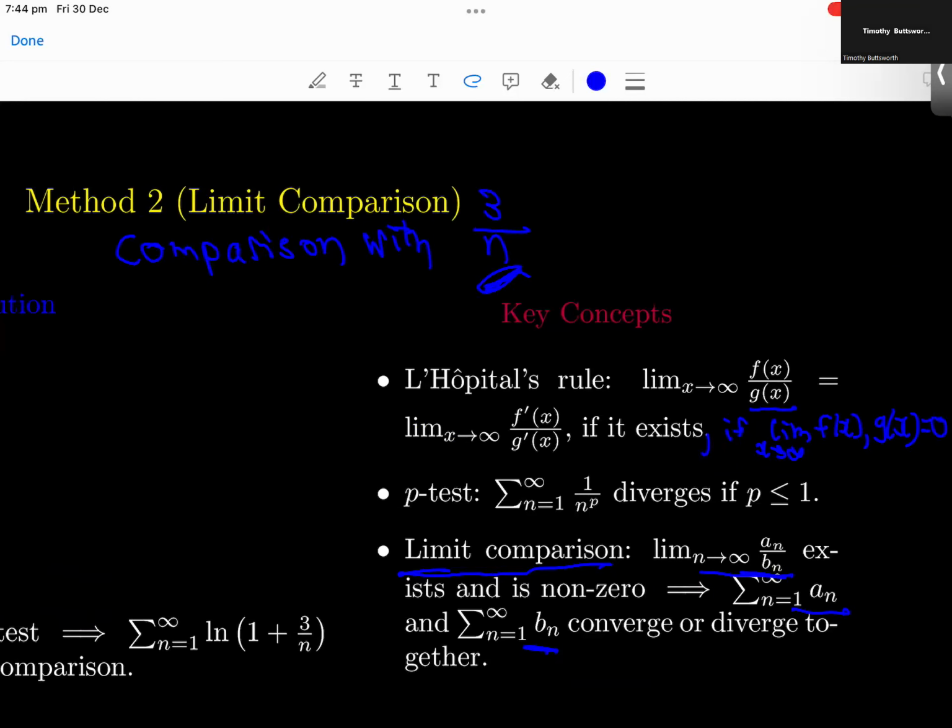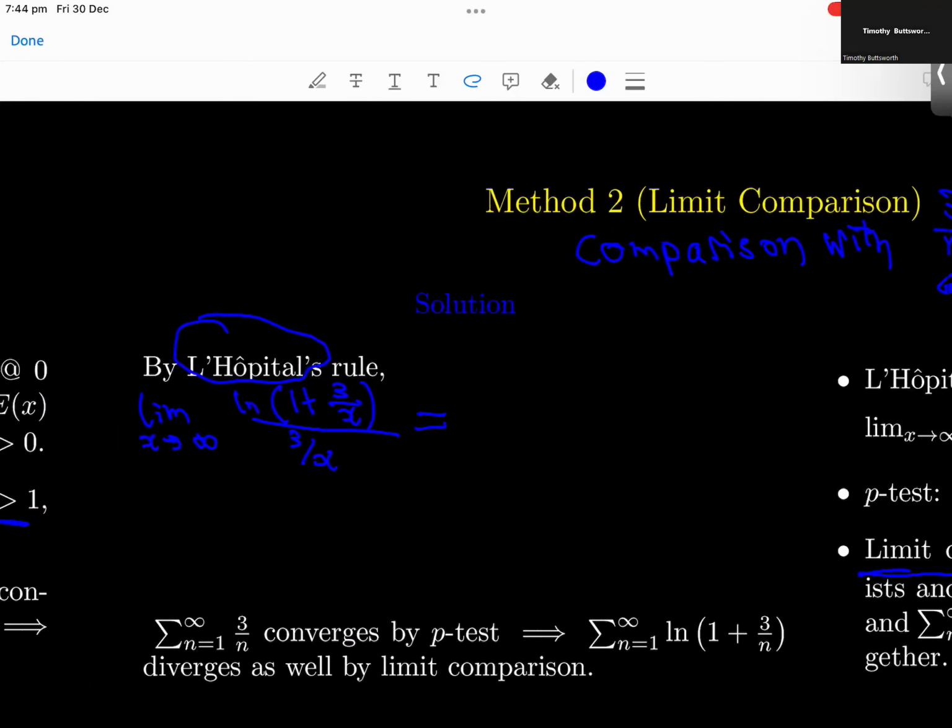So if both of these functions have a limit which is 0, then we can make statements about the limit of the ratio based on the limit of the ratio of derivatives.